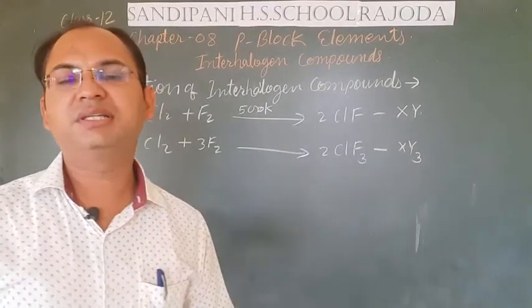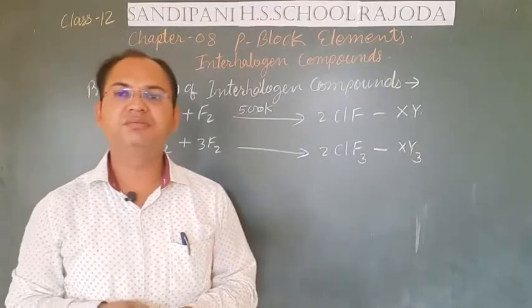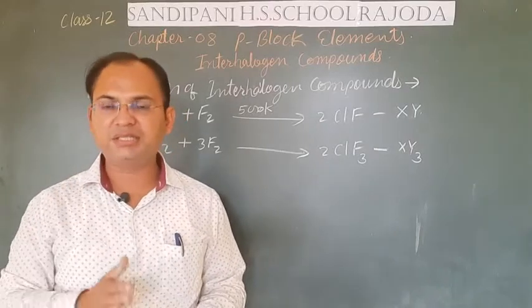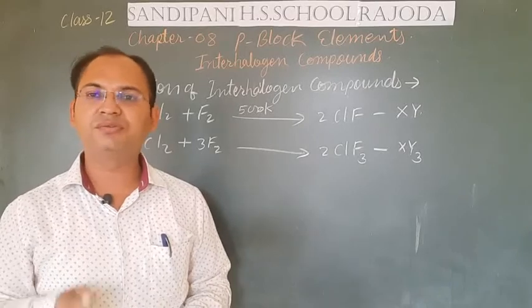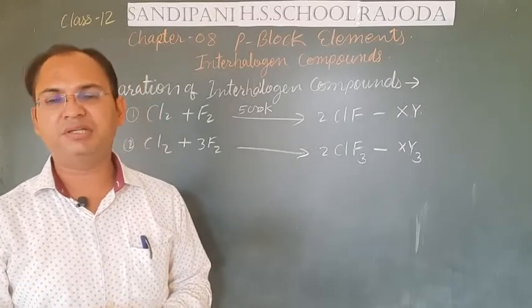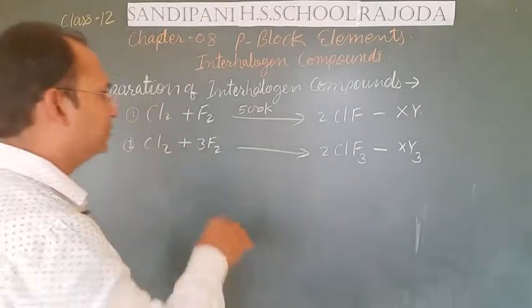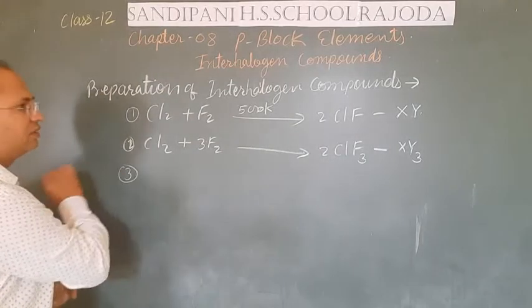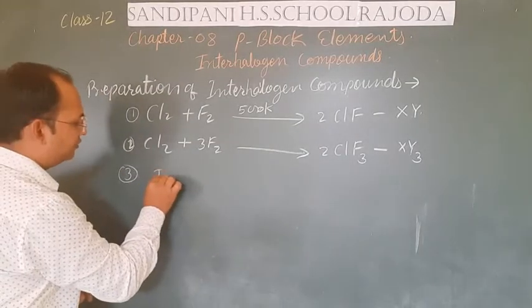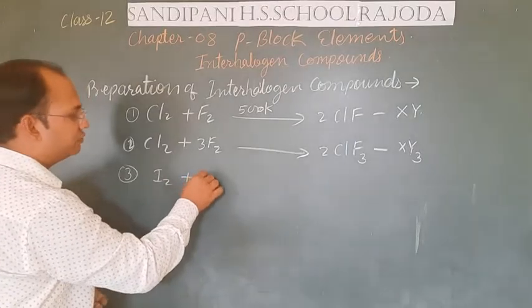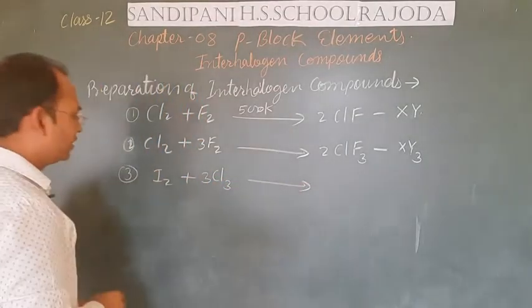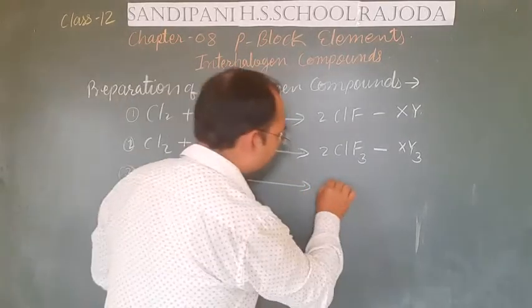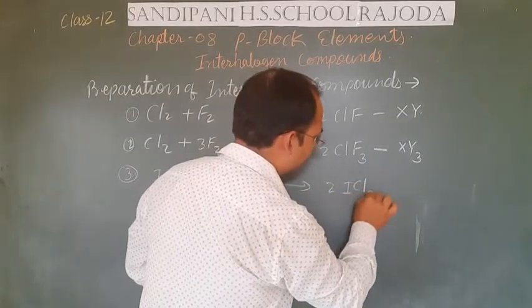When iodine reacts with chlorine, then we know that iodine is less electronegative as compared to chlorine. It also forms XY3 type of interhalogen compounds. Let's see the reaction. Third reaction, when iodine I2 reacts with 3 molecules of chlorine, then it forms 2 molecules of ICl3.